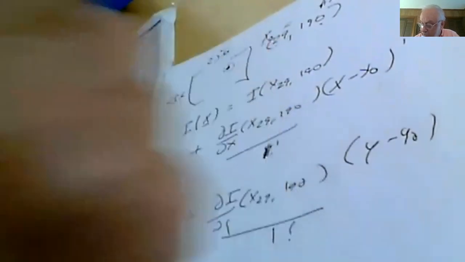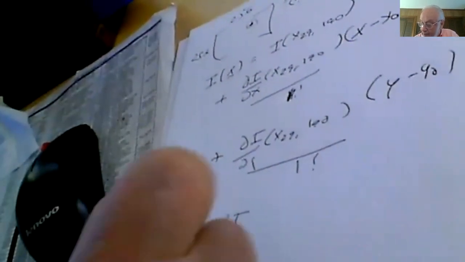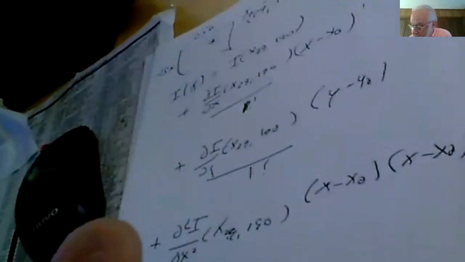So that's 1 factorial. Okay, plus d2I by dx squared at x 29, 190 times x minus x0 times x minus x0 over 2 factorial, plus d2I by dx by dy at x 29, 190 over 2 factorial times x minus x0 times y minus y0.